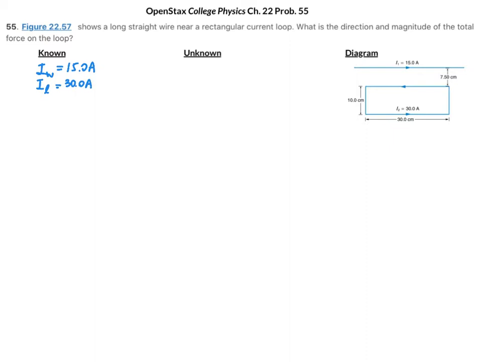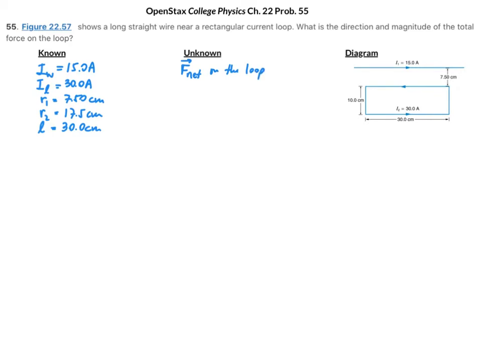Then R1 is 7.5 centimeters, and R2 is 17.5 centimeters. We also have the length of one side, which I'm going to call L, and that is 30.0 centimeters. We're looking for the magnitude and the direction, so basically the net force on the loop.